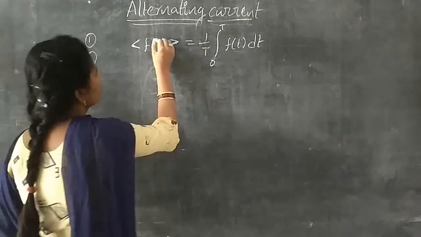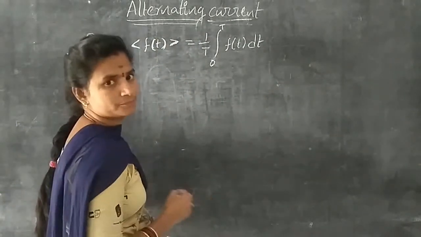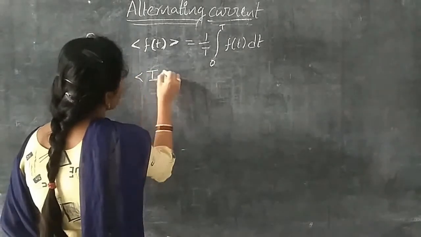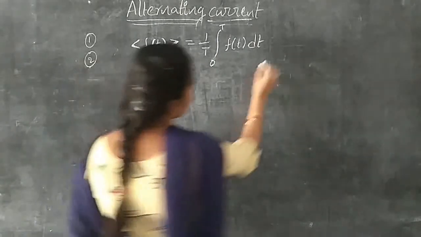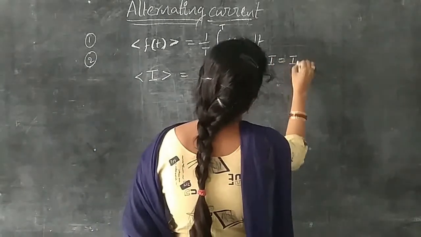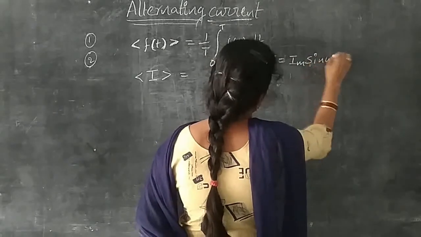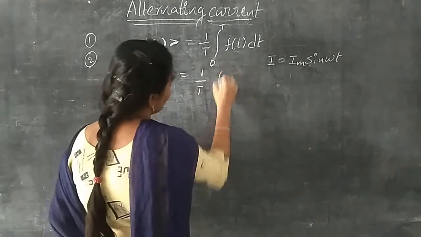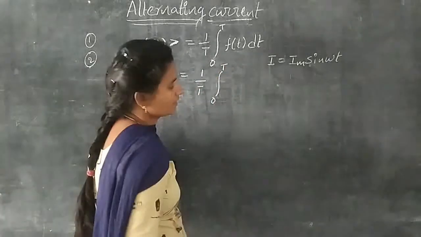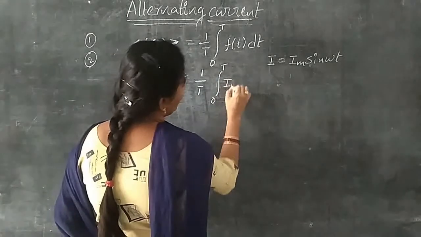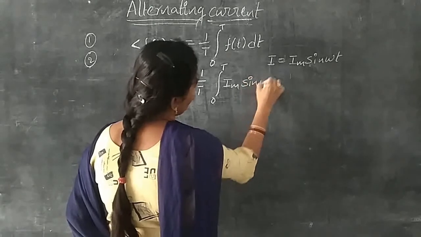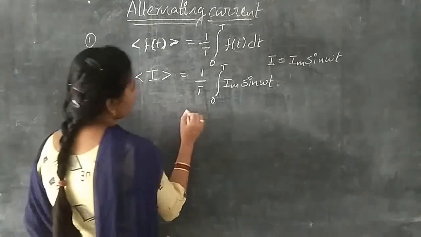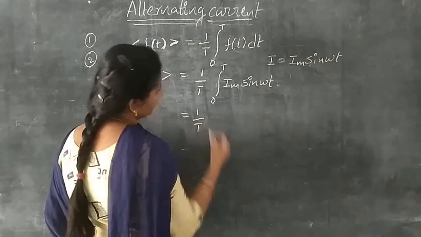Here f of t is nothing but I. So I average is equal to 1 by T, integral from 0 to T, and we already know that I is equal to Im sin omega t.